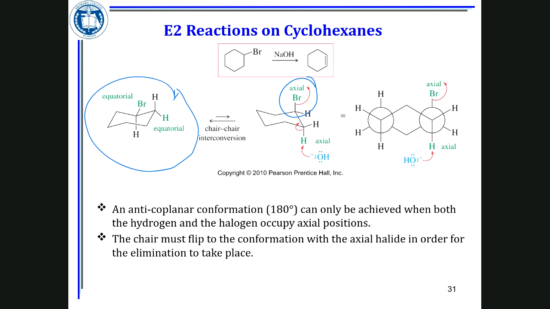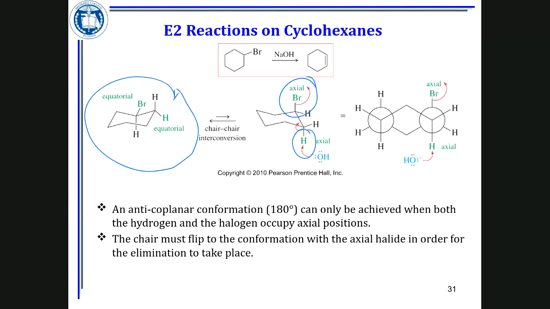not the equatorial position. So Br must be abstracted from the axial position, and as a result, the hydrogen that is coming from the adjacent carbon also must be abstracted from the axial position. Why axial position? Because it has to be anti-coplanar.